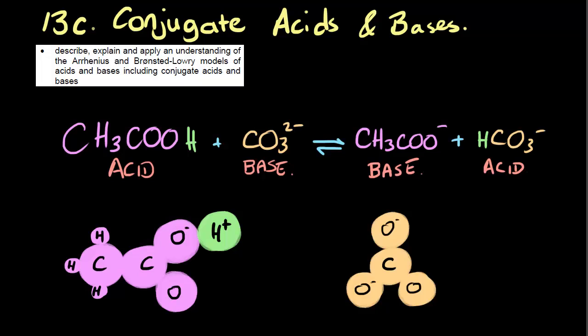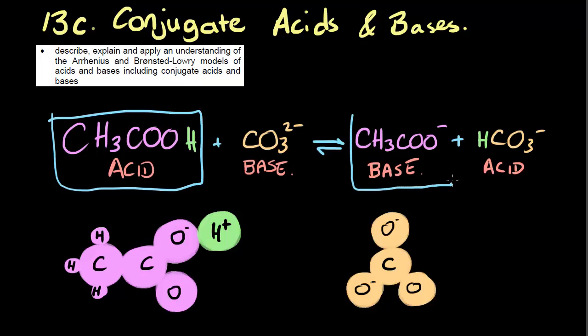The concept of conjugate acids and bases is related to this idea that this substance is an acid, however the product it produces after it loses the H+ is a base. So I could say that acetate is the conjugate base of acetic acid. The word conjugate here is referring to a substance which is paired.